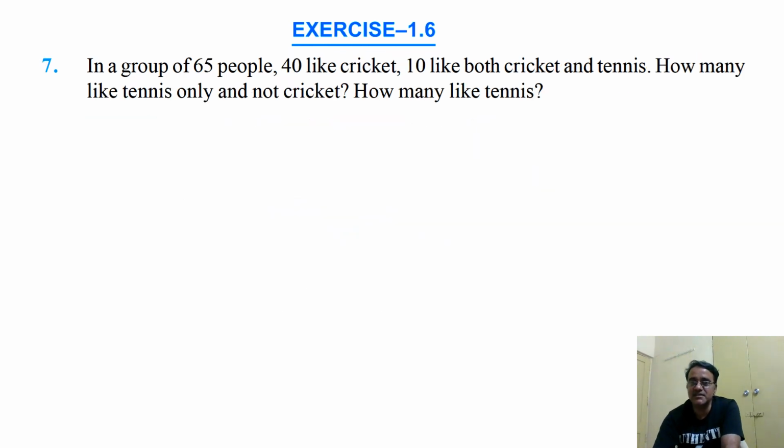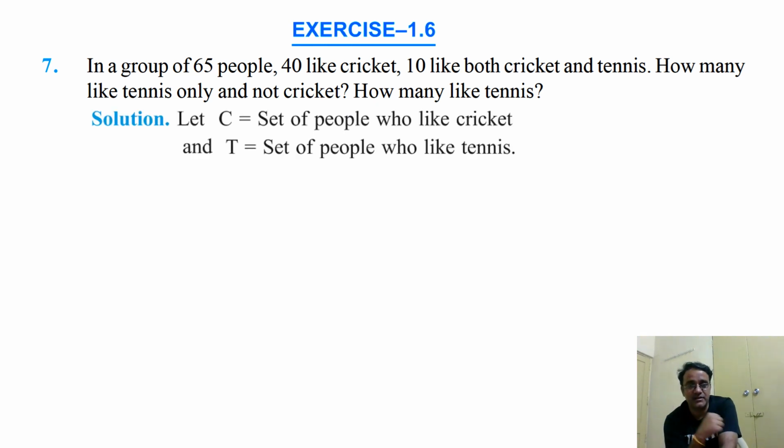In a group of 65 people, 40 like cricket and 10 like both cricket and tennis. How many like tennis only and not cricket? How many like tennis? So first we'll take two sets. C is for people who like cricket, and T will be the set of people who like tennis. Right? Now what is given?